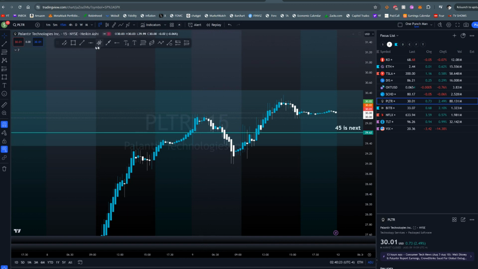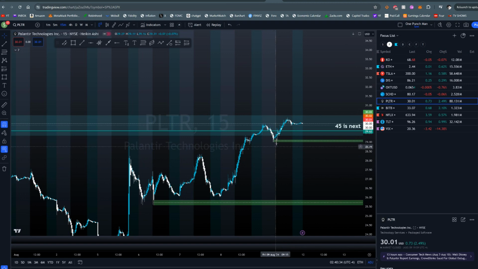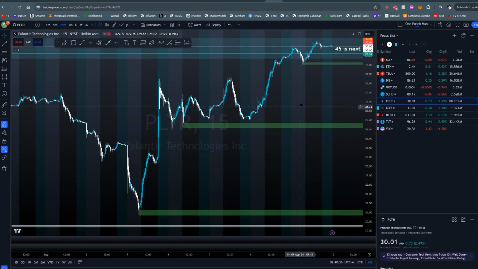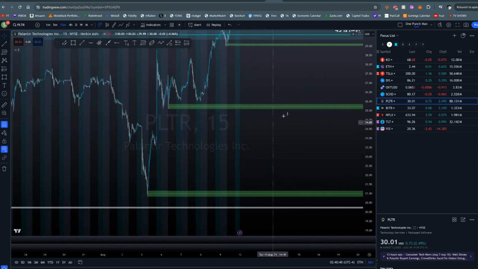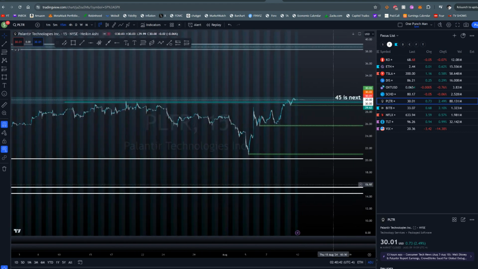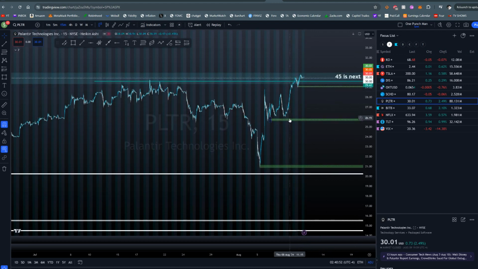I'll wait, and if I'm really picky, this one right here. These are not very strong supports, but there's a way you could start DCAing. That's how I would do Palantir. You have one and you have two, but you most likely want to wait for this one right here, a significant pullback. Might not happen, but that's where I would do it.